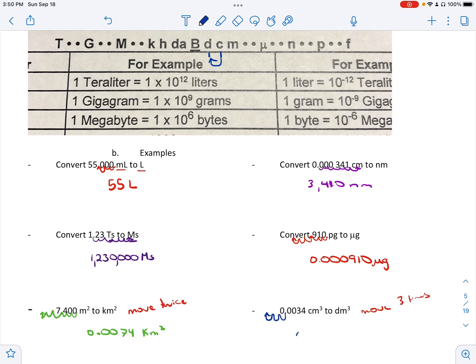So we had to move it 1 time, but it's cubed, so we had to move it 3 times. That's going to give us 3 zeros, and then our additional 2, and then 3, 4, and then we have decameters cubed. And there you have it.